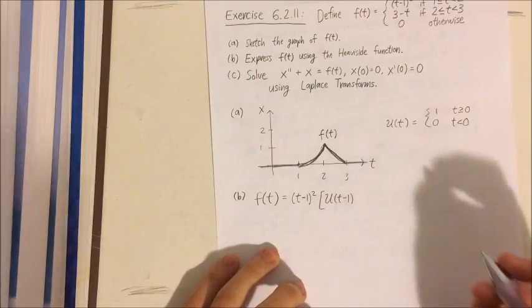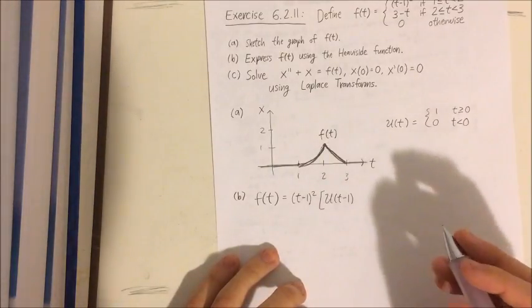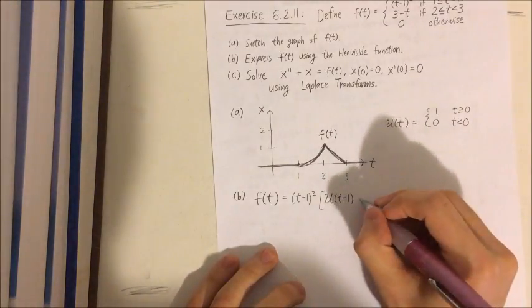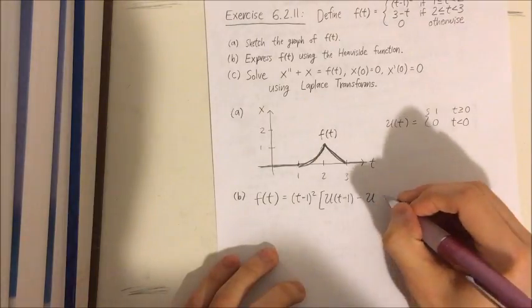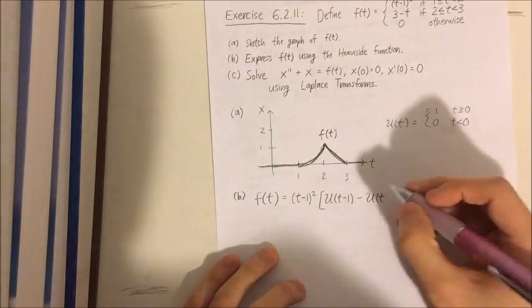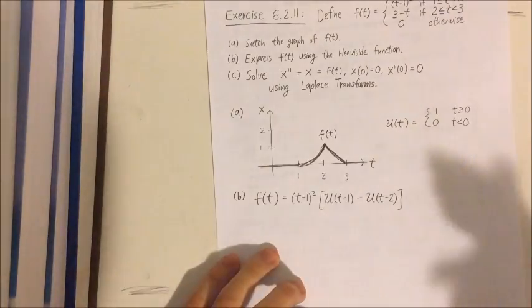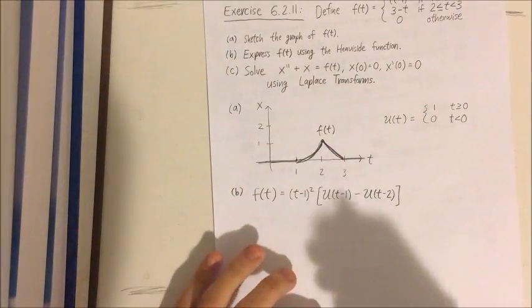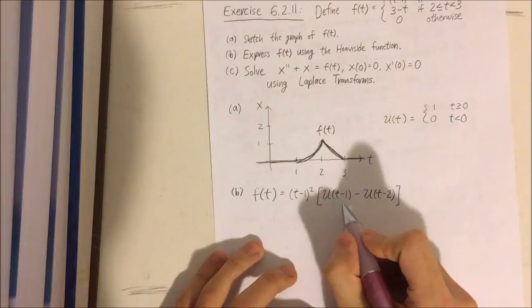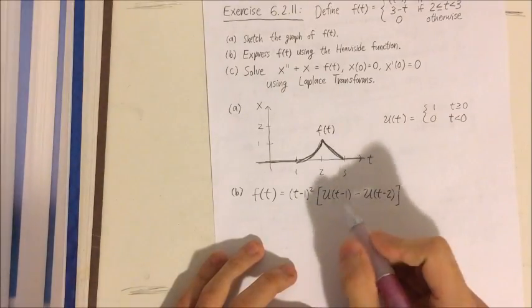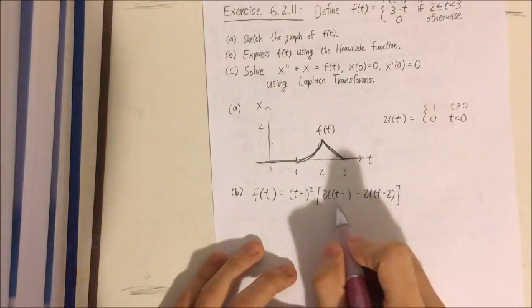So we also turn this off at t equals 2. So what we do is we subtract u of t minus 2. What does this do? We already know that at t equals 1 or above, this unit step function is going to be 1.